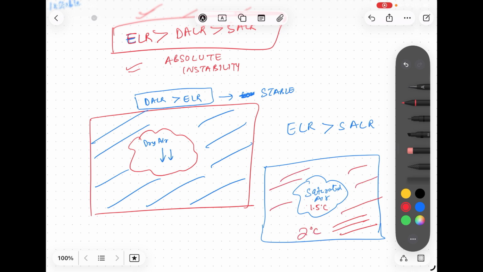So it's becoming colder faster. Now this condition would be unstable, right? Because this air will always be warmer, this saturated air, and it will keep rising within the environment. So it will keep that instability.